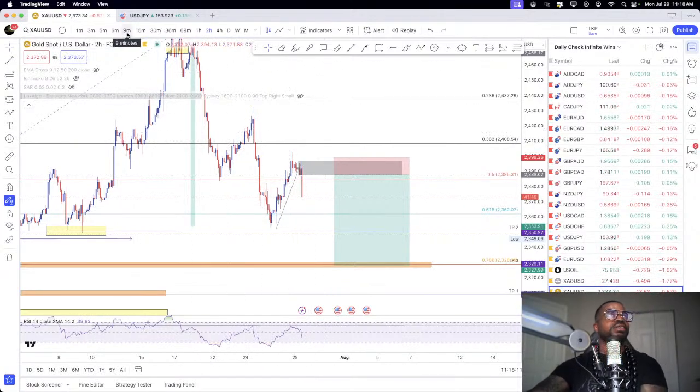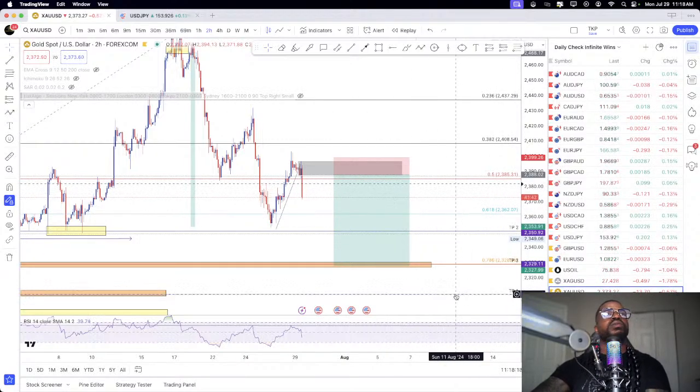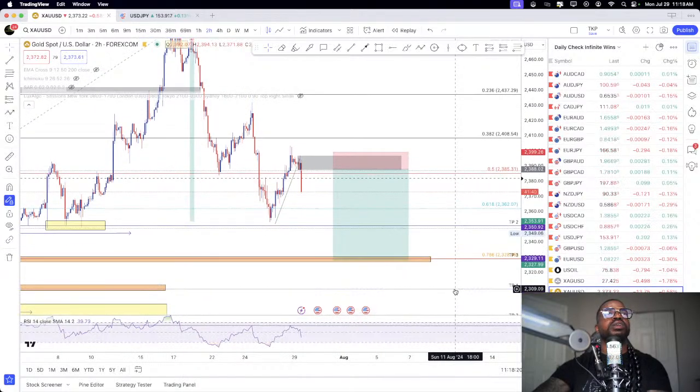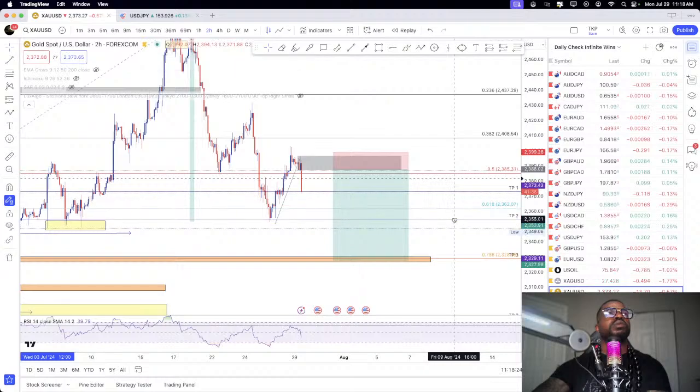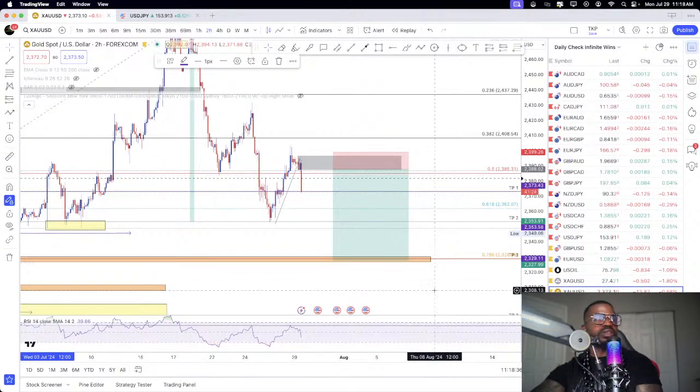Let's set some alerts as well. Okay, we got these. So this will be TP1. And these are TPs for gold. V, you got all those targets for pound USD, I assume.